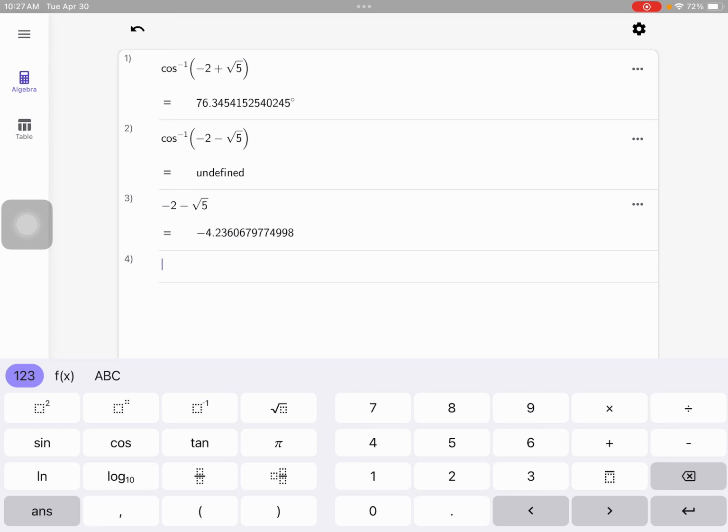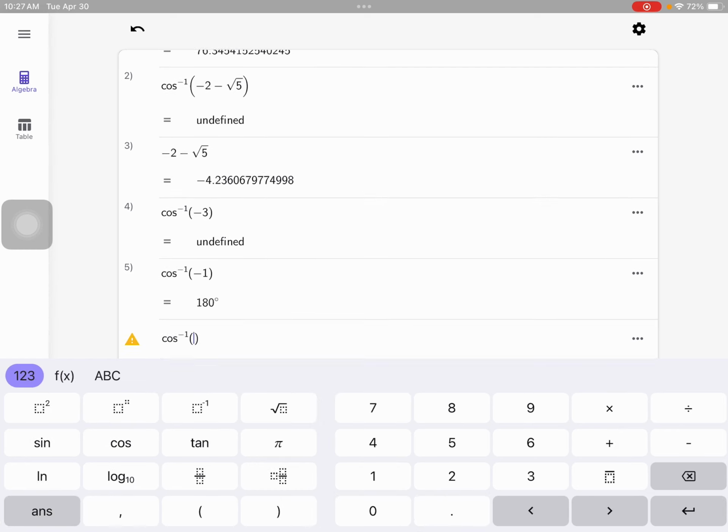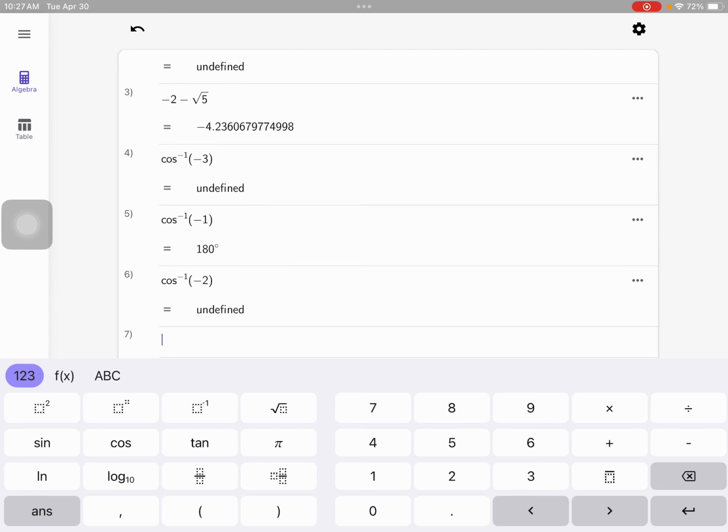And let's just play around with a couple values here, right? Let's try negative 3. Undefined. How about inverse cosine negative 1? Well, that gives us a value, but negative 3 doesn't. Well, let's try another one. Let's do inverse cosine negative 2.